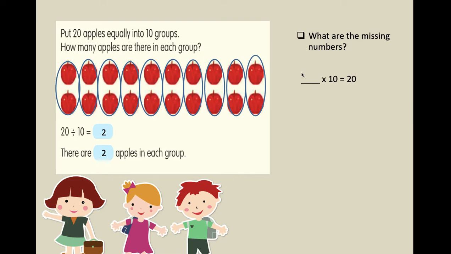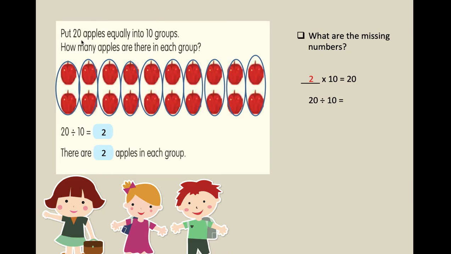So we are going to write, good job, 2 apples. 2 apples into 10, that is 2 times 10 equals 20. So here your tables are very helpful.